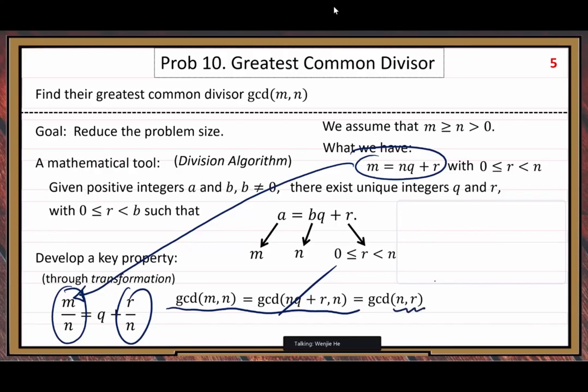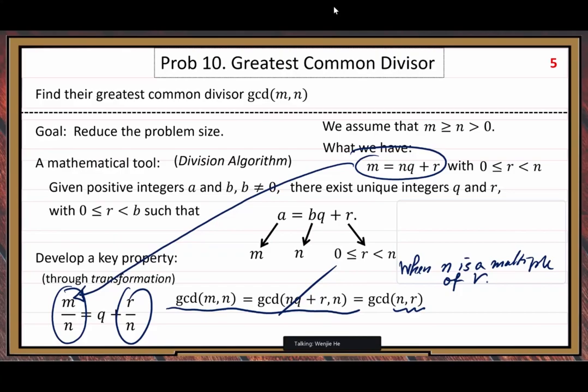When n is a multiple of r. When n is a multiple of r, the GCD you can see immediately, because it's r, right? The GCD is r, because n is a multiple of r. So r is the greatest common divisor. So you can get an answer immediately.